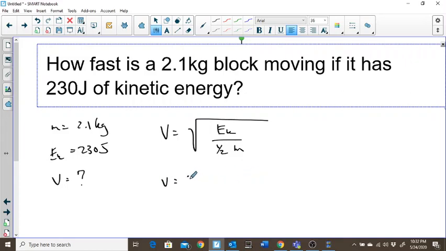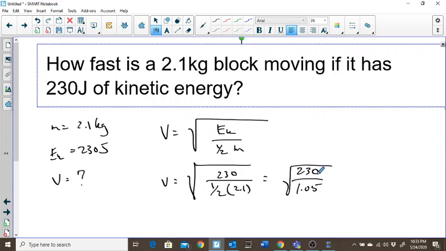Velocity. So we're going to take our kinetic energy, 230. We're going to have our 1/2 times our 2.1. All right, so let's do the bottom first. So we're going to go 0.5 times our 2.1. 1/2 of 2.1 is equal to 1.05.